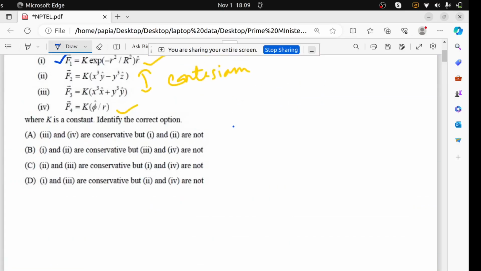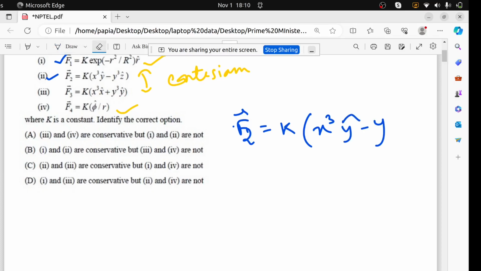Now you can see the options. In options, you have to calculate all of the 4. Otherwise, you can't get the correct answer. Right? So now let me calculate this one quickly. F2. Can anyone tell what is the F2? Is it conservative or not? I am going to write here y cube z cap.